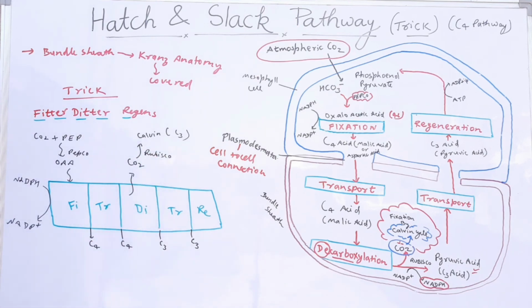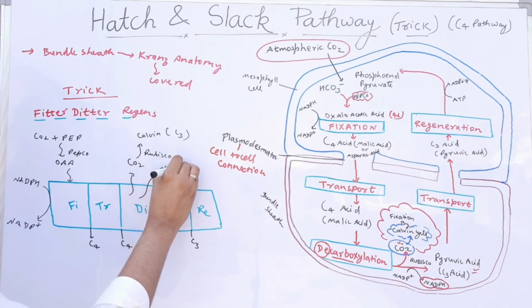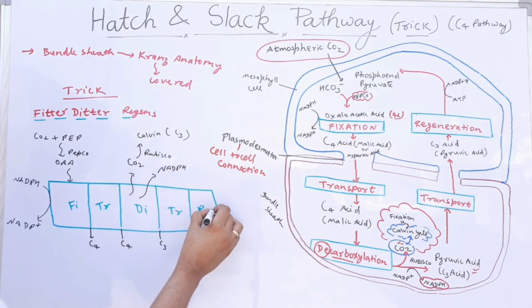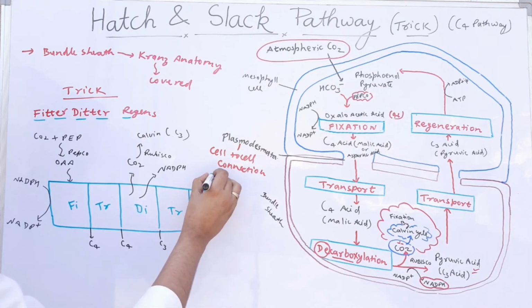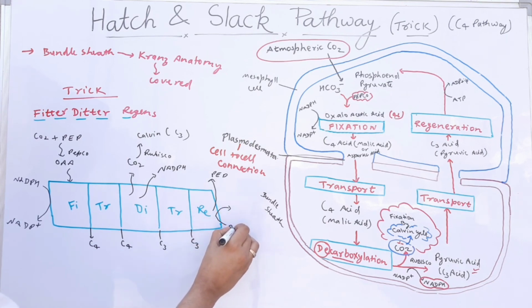Last but not least, we have the production of NADPH2 also here. Last, there is the regeneration of PEP, phosphoenol pyruvate, by the loss of 1 ATP.